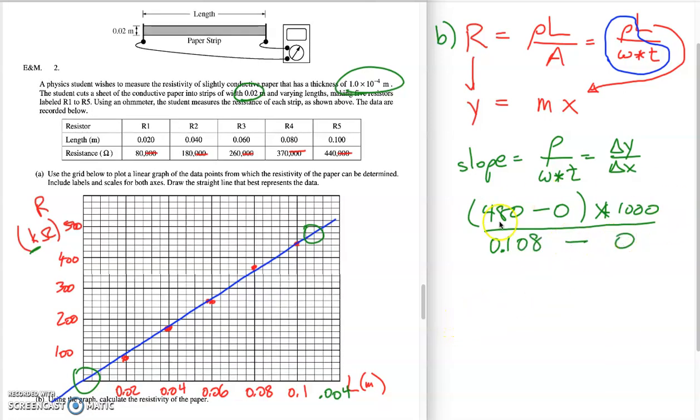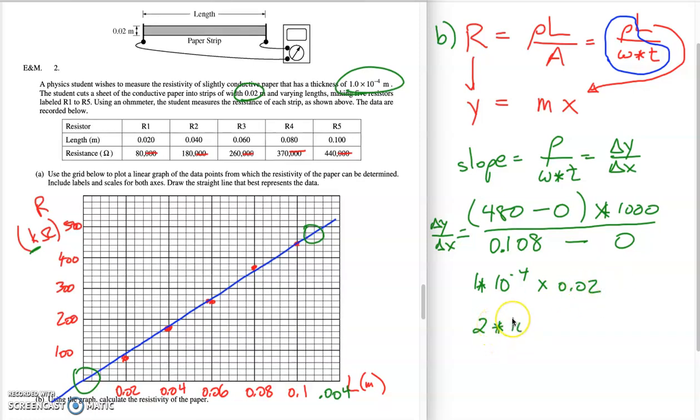All right, plugging these guys in, and then, don't forget that then we have to multiply by the thickness, which is 1 times 10 to the minus 4th, and then times 0.02. So that translates to 256.2 microns.